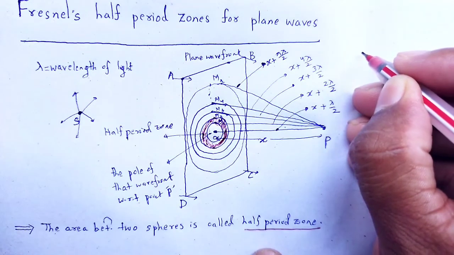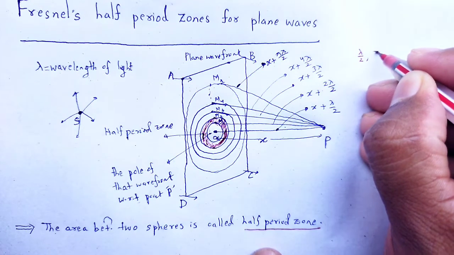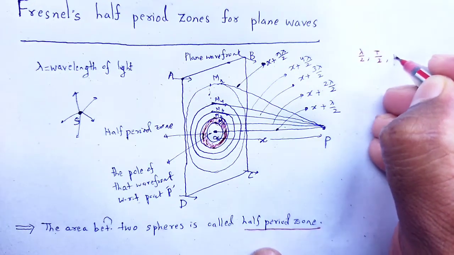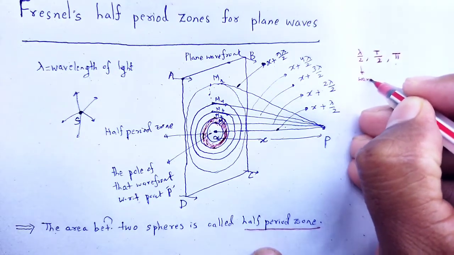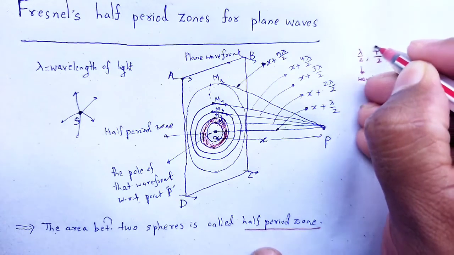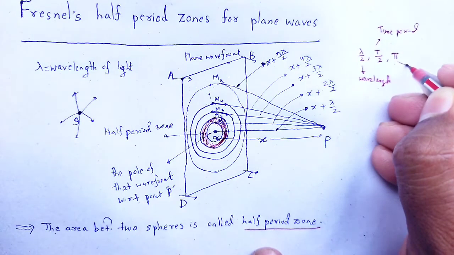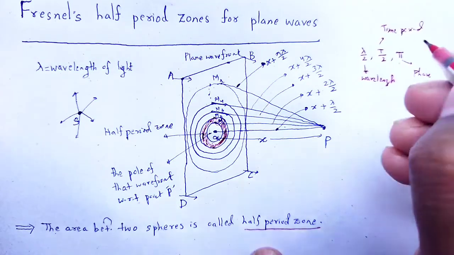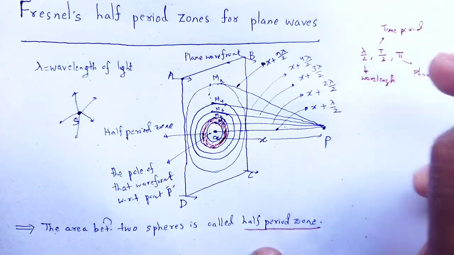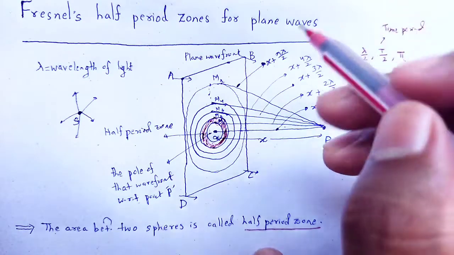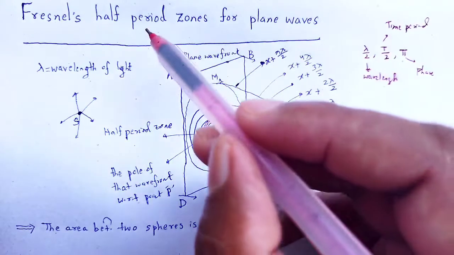Here the wavelength differs by lambda by 2, time period differs by T by 2 and phase differs by pi. For a complete cycle, a complete wave, we have the phase difference 2 pi; its half is pi. Therefore, these Fresnel strips or zones are further named as half period zones.